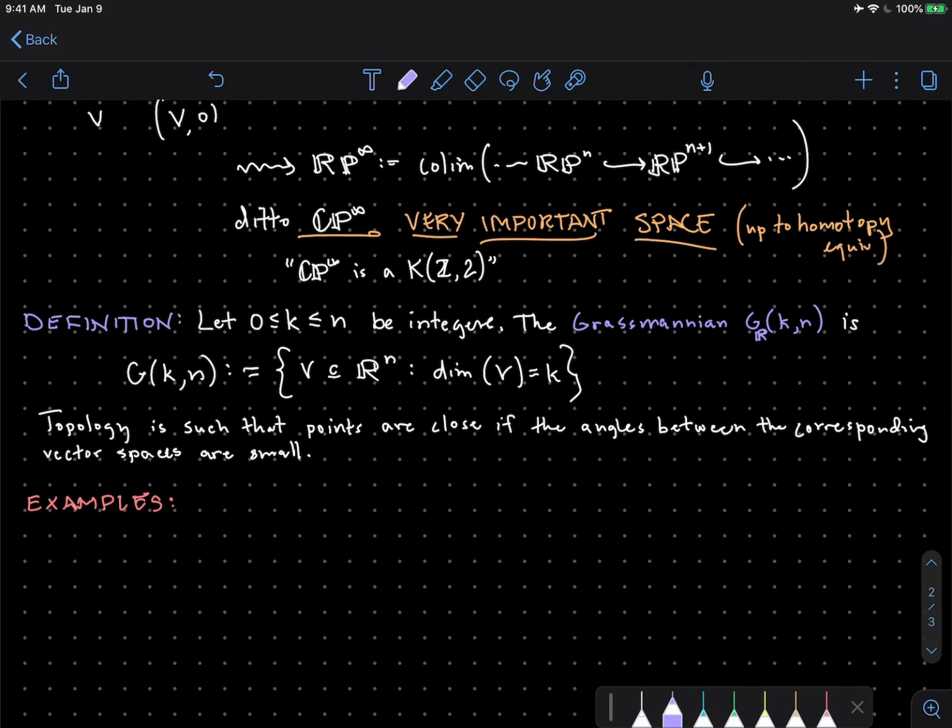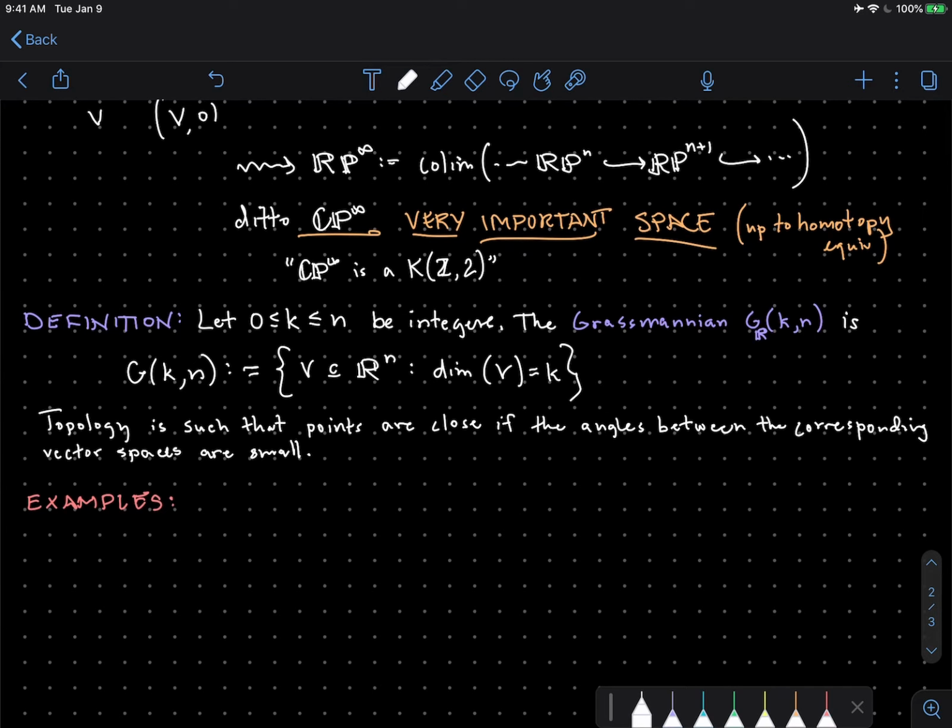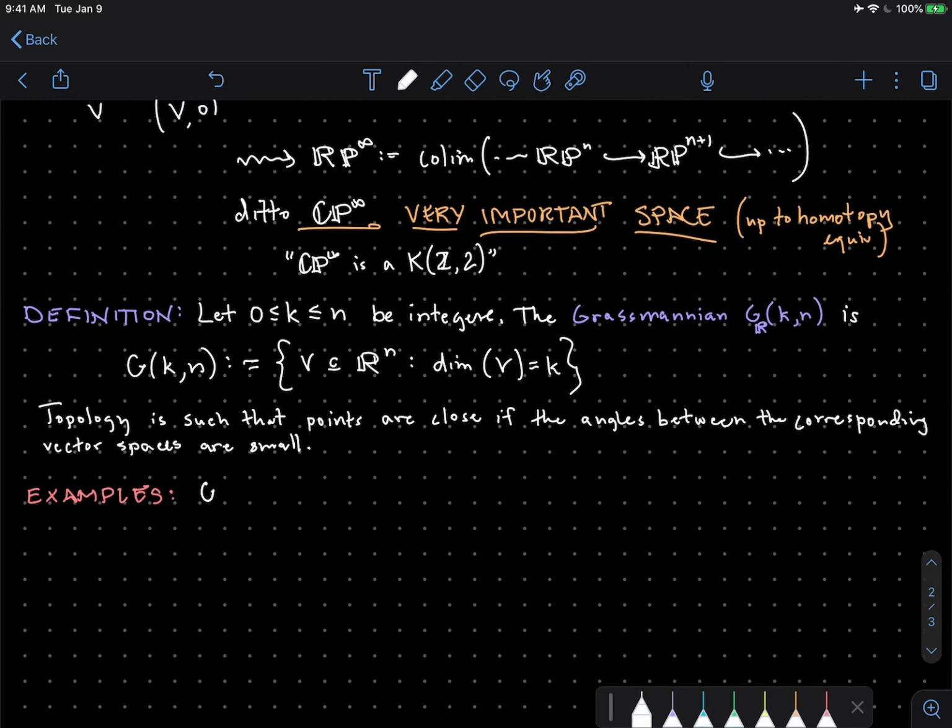You could equally well define the Grassmannian over the complex numbers and over the Hamiltonians, over the quaternions. So, okay. One example, G(1, n) is just by definition equal to RP n minus 1.